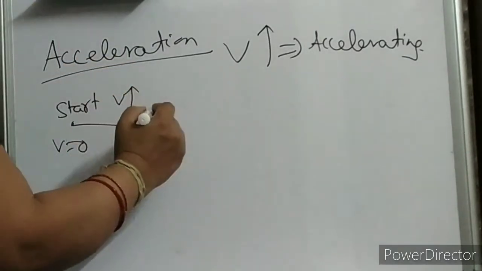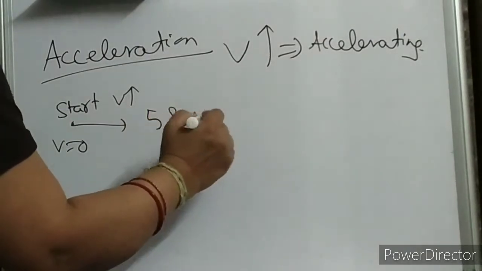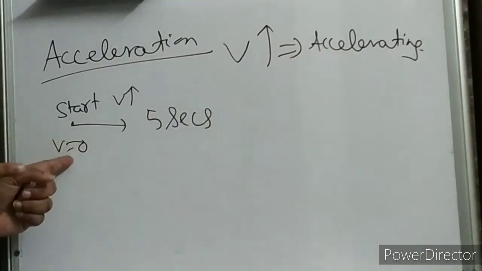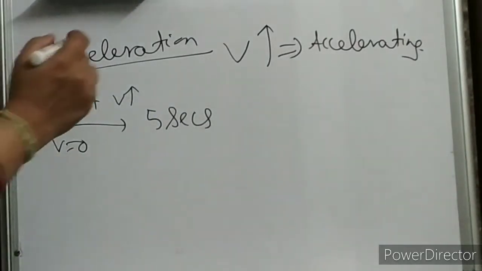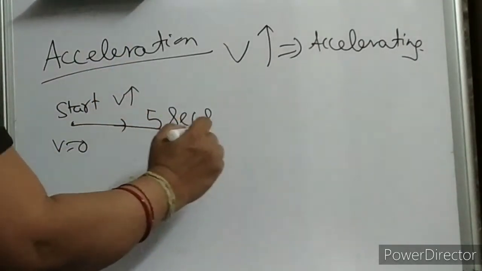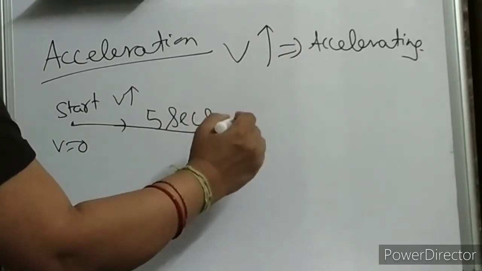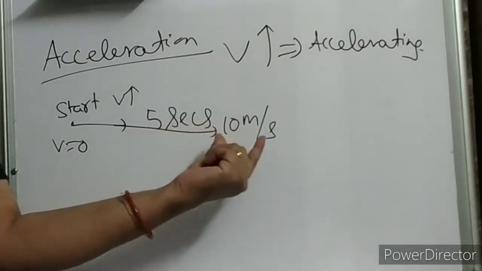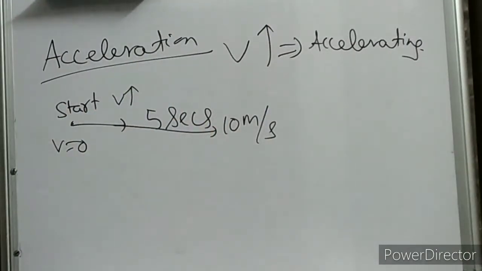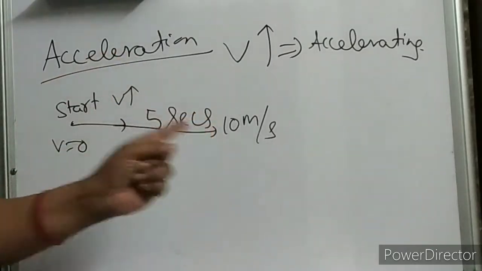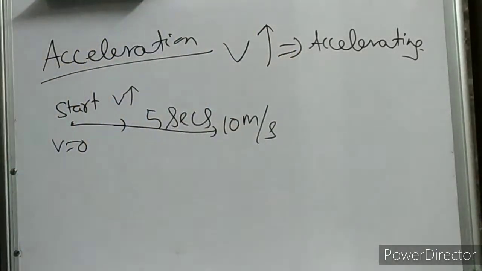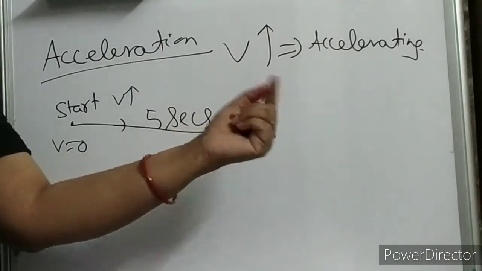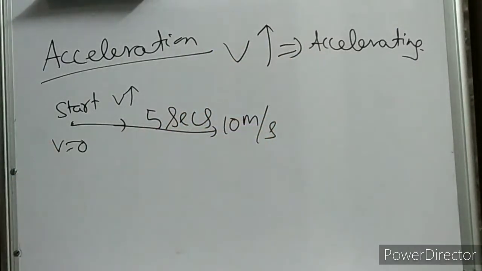It started with 0, and after 5 seconds the velocity becomes 10 meter per second. Now clearly you can see the velocity is increasing at a steady rate. With this rate, in the next 5 seconds it will again increase by 10 meter per second.